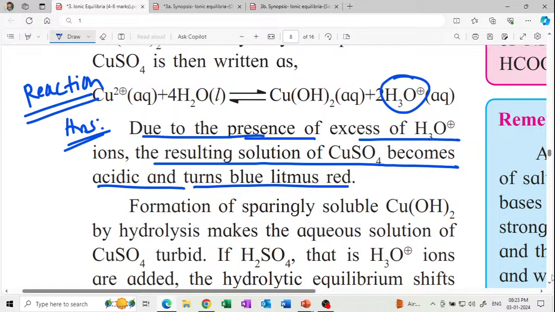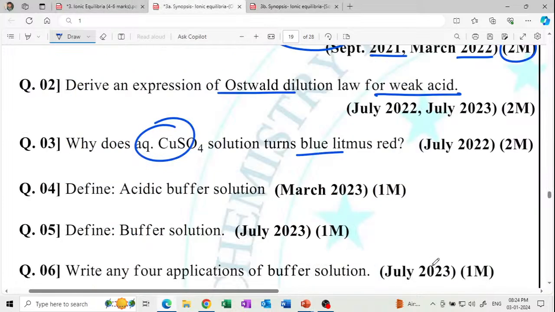Well, this is your answer. Okay, get it? It is a question for two marks. 1 mark for the reaction and 1 for due to presence of excess H3O+.